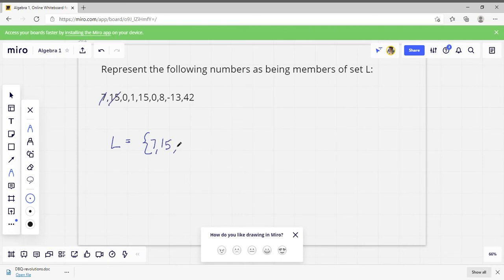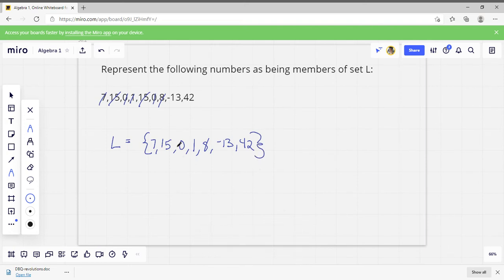Notice that I don't have to put them in order. 0, 1, I've already used 15, 8, -13, and 42. So you can write it without putting them in numerical order. I usually like to put them in numerical order just because it makes it easier to make sure that you've gotten every single one of them. And it looks neater.